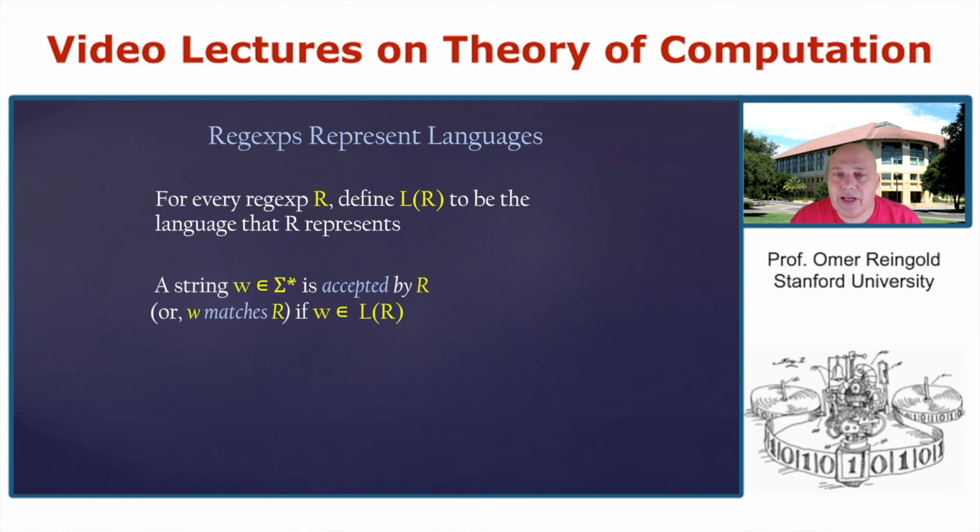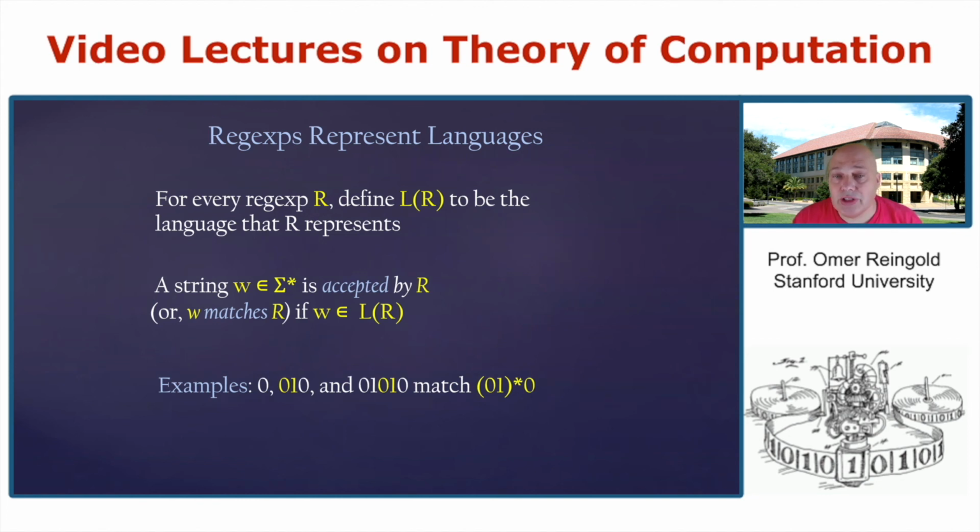A string W in sigma star is accepted by R, or matches R, if W is in the language that R represents. So we are adopting the language of computation for these regular expressions, although they are not exactly computations, right? They are ways of describing languages. So let's look at some examples.